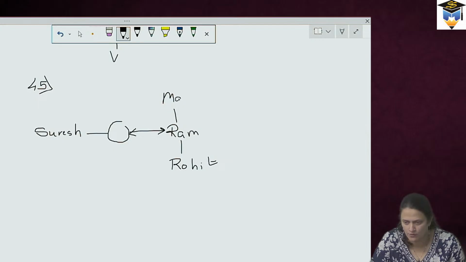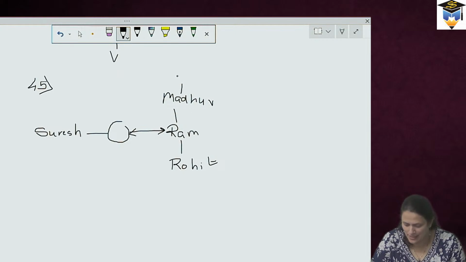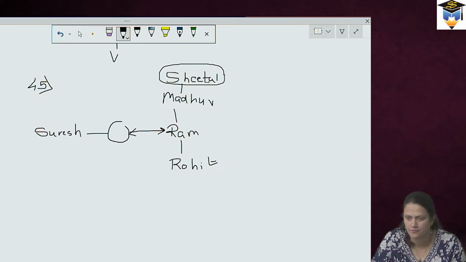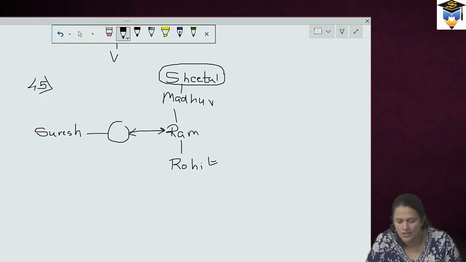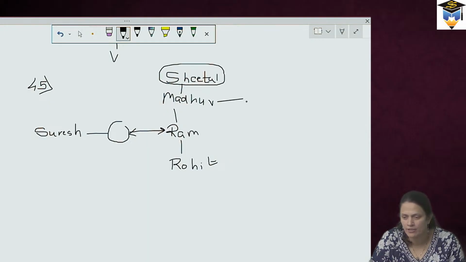So he is Madhur. Sheetal is Ram's grandmother, so she is one step higher. Rema is Sheetal's daughter-in-law. So that means Rema will be here. Rema is the wife of Madhur.